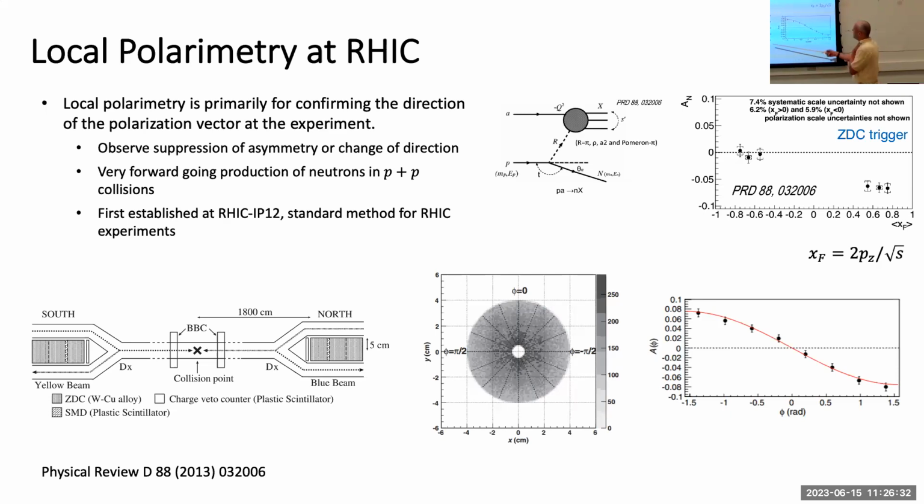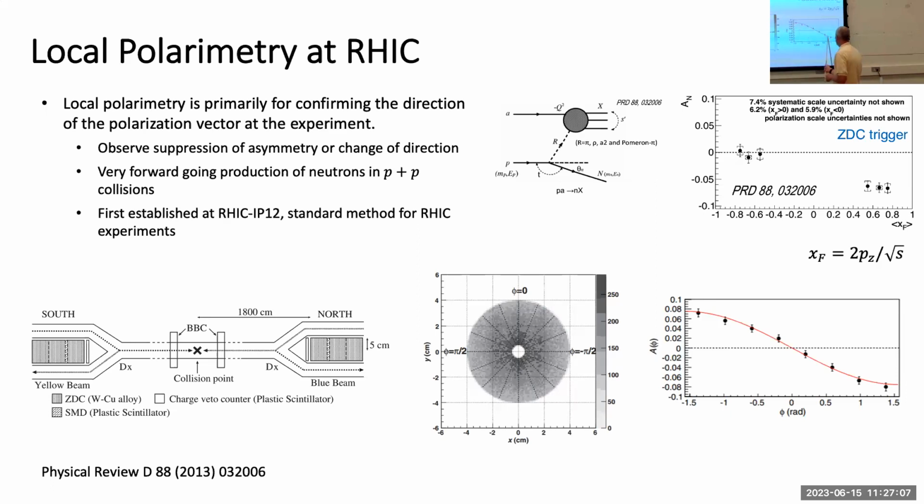And it turns out that if you measure the single spin asymmetry of neutrons at this high rapidity range, they have an asymmetry that is spin or polarization dependent, and this asymmetry is actually larger than what we use in the hydrogen jet target. You can see this peaks at about 8%. This is as a function of the azimuthal angles. You can really nicely fit this, and this is something that has been used at RHIC for local polarimetry in the way that during setup you have transverse polarization, right?